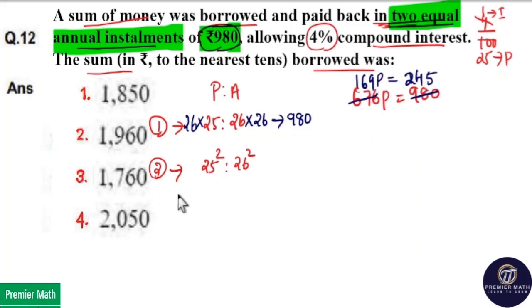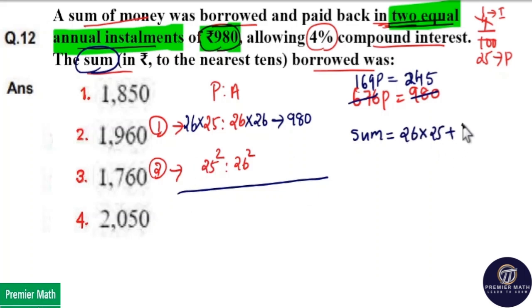Then we need to find out what the sum is. Here sum is equal to 26 into 25 plus 25 square. Now if I take 25 outside, then remaining is 26 plus 25, which is equal to 51. Now 5 into 1 is 5, and 5 into 5 plus 2 is 27, remaining 2, 5 into 2 plus 2 is 12.